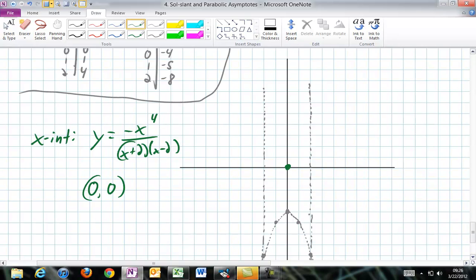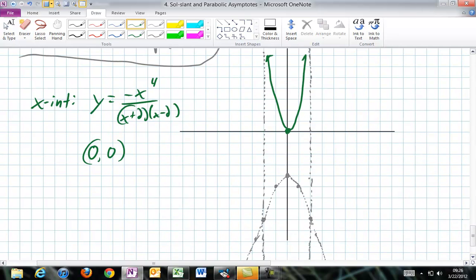Well, if I reason this out, then I know that it has to go like this for that part. We can now figure out if there are any points where it crosses the end behavior asymptote. Maybe down below it does. So I'm going to set negative x to the fourth over x squared minus 4 equal to the end behavior asymptote of negative x squared minus 4.